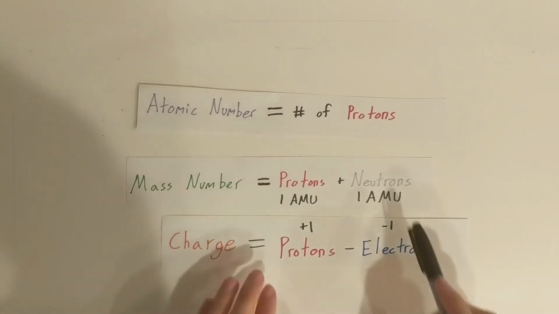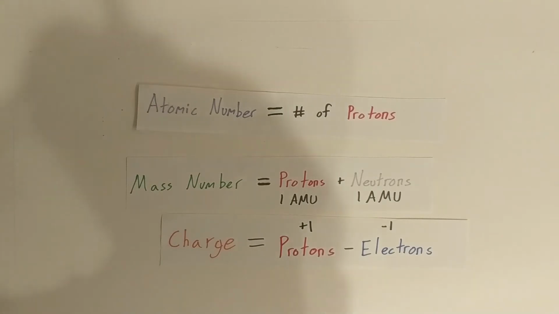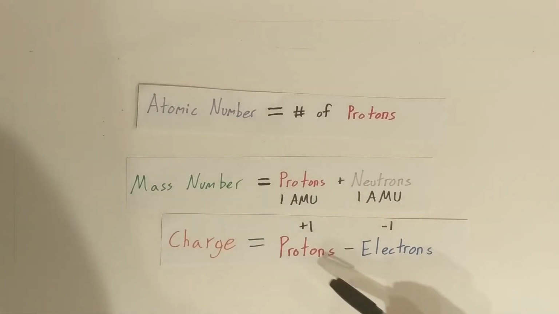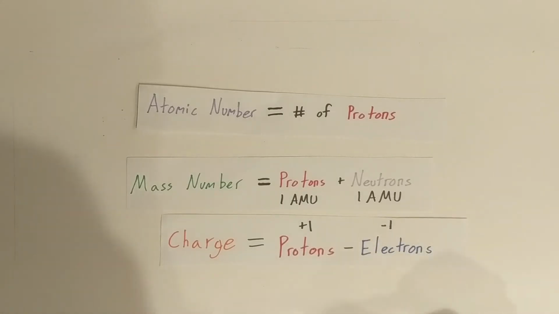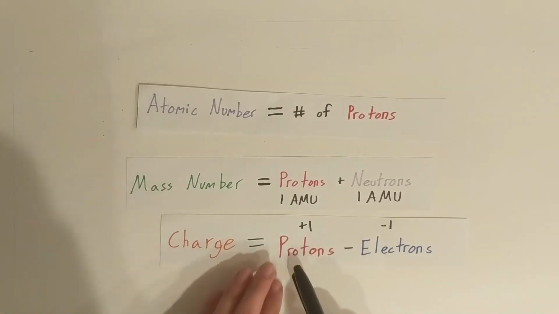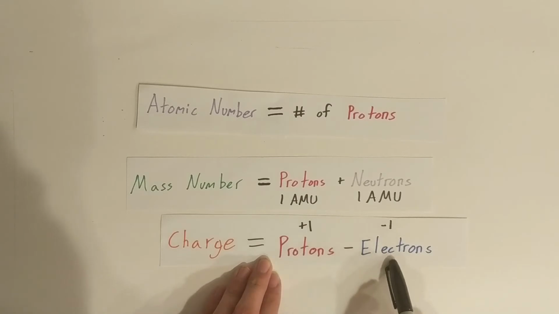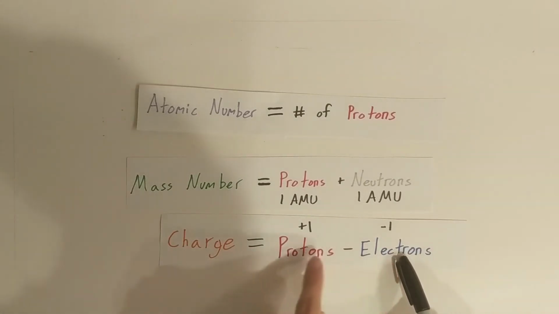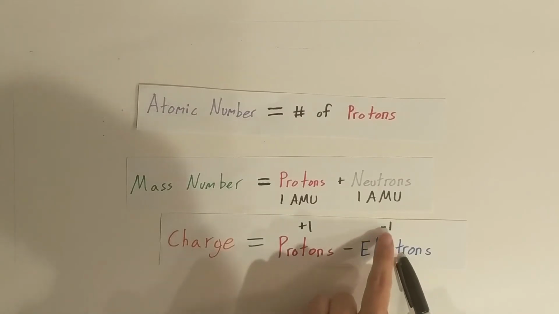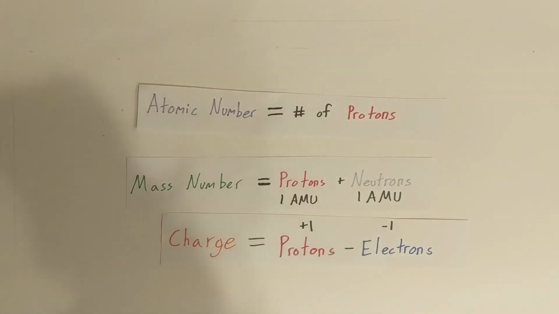And we don't have to use neutrons here because neutrons are neutral. They don't have a charge. So we just take the amount of protons that we have, we subtract the amount of electrons, and that's our charge. So if we have more protons than electrons, we are going to have a positive charge. And if we have more electrons than protons, we are going to have a negative charge.